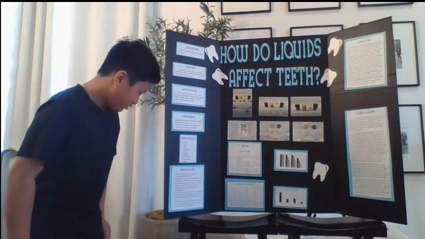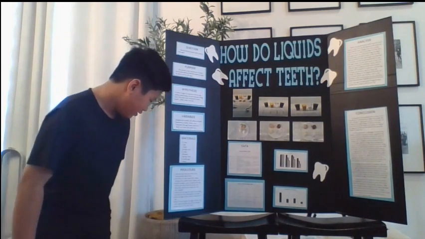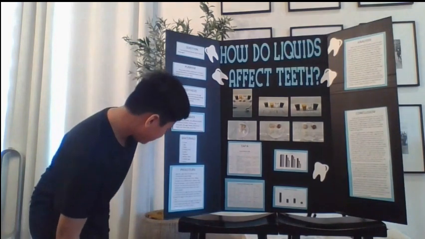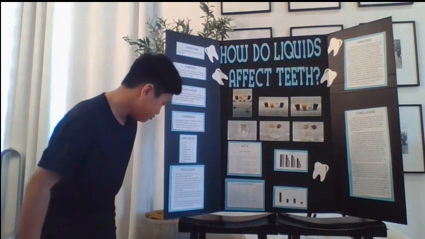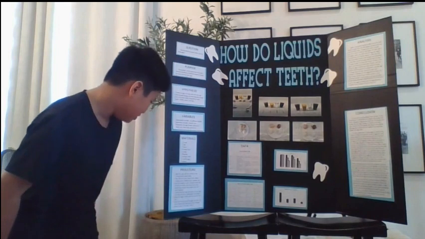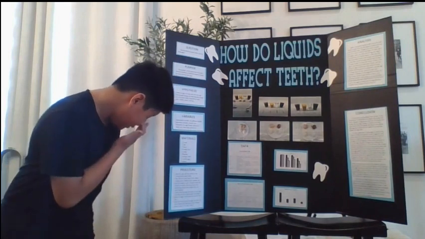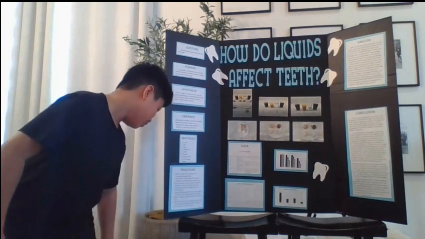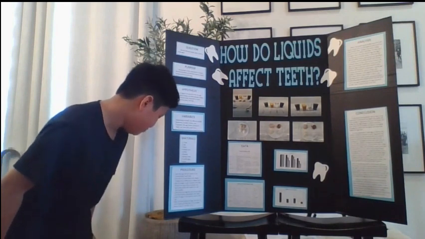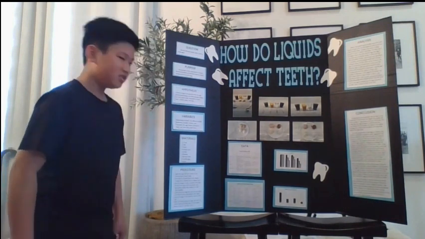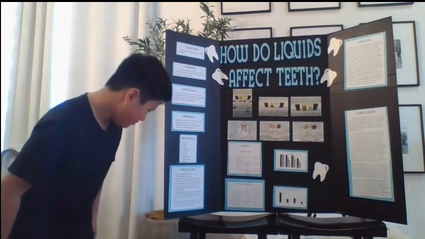My procedure was: label the cups with the marker to the corresponding liquid inside. Pour 200 milliliters of each liquid into its labeled cup. Use the dropper to put 1 drop on the pH test strip to record the acidity level.